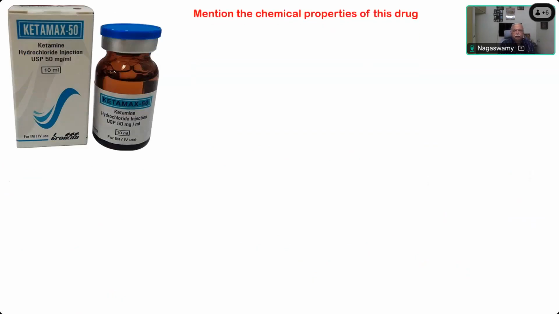Mention the chemical properties of this drug, which you are using very commonly. Which group or chemical does it belong to? Phencyclidine derivative. Yes, it's a cyclohexanone derivative of phencyclidine.